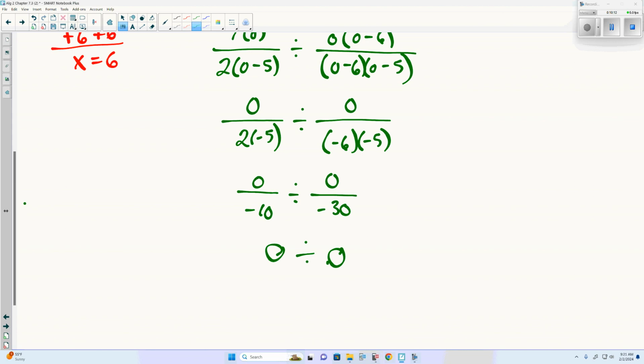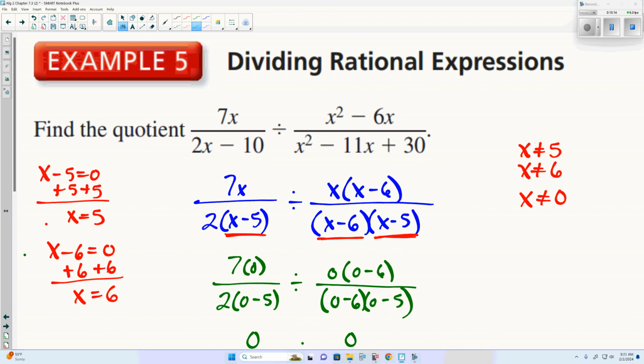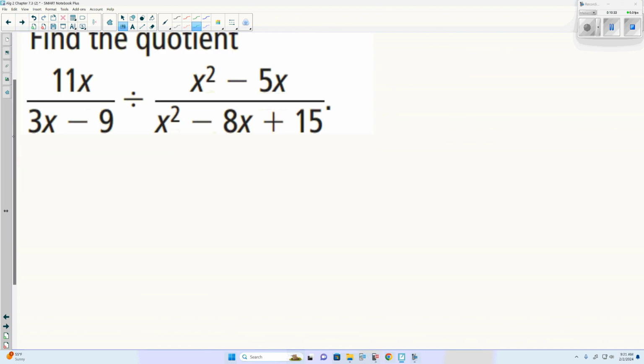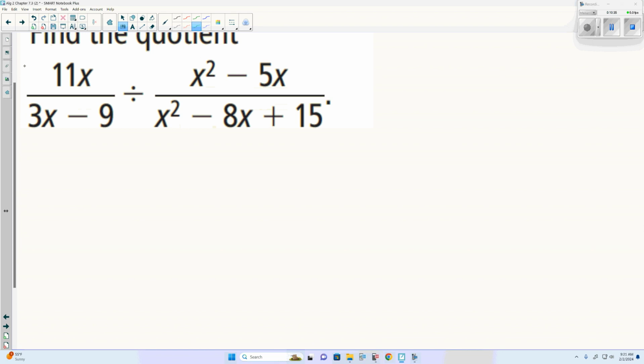And that's the other big difference, is that when we divide expressions, this entire expression cannot become 0. Because if it does, because we're dividing, we have now divided by 0. That's the other big difference. But we're not going to spend too much time on that part. I want us to focus more on the actual dividing than putting in the restrictions.